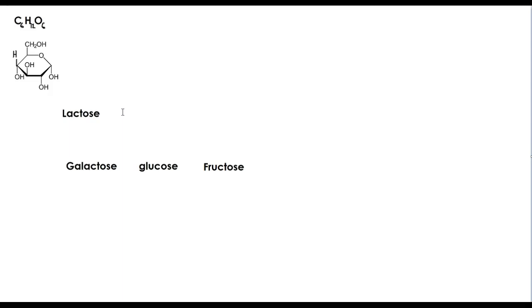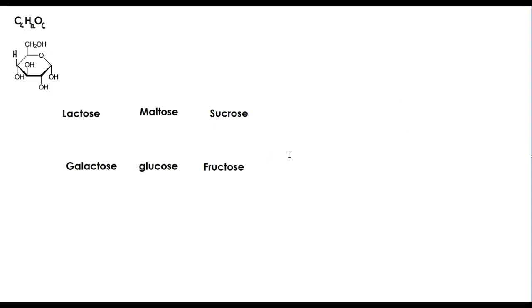Once you get to the disaccharide, which means it's made up of 2 monosaccharides, you're going to break them down into individual monosaccharides, right? So you have lactose, you have maltose, and you have sucrose, which you probably have heard of, because sucrose is table sugar.